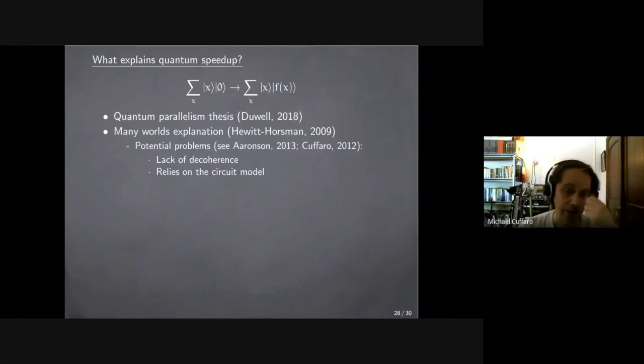It starts from the quantum parallelism thesis, but then further posits that corresponding to each of these parallel computations is a different world within which these parallel computations are taking place. One nice defense of the many worlds explanation, I think, is that by Hewitt Horsman from 2009.